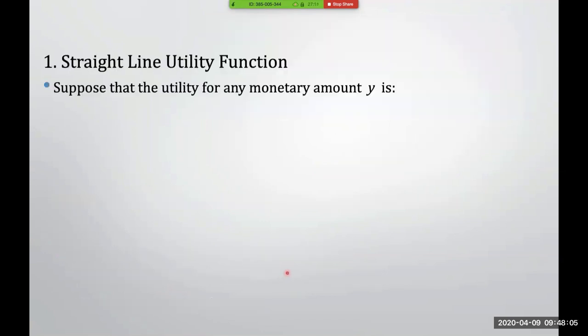Okay, so when we say a straight line utility function, we're referring to a utility function for a person like this. Okay, so the U value of any amount of money is equal to A plus B times that amount of money. So here, Y is essentially referring to the total wealth that you are facing in an uncertain deal. And here, A and B can represent any constant numbers.